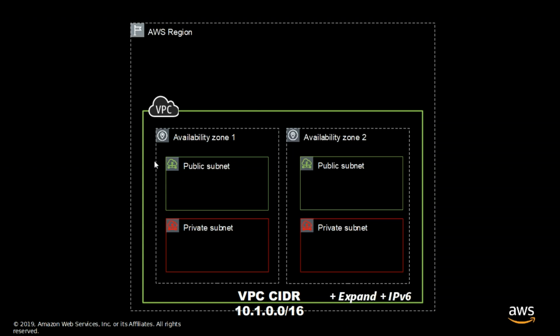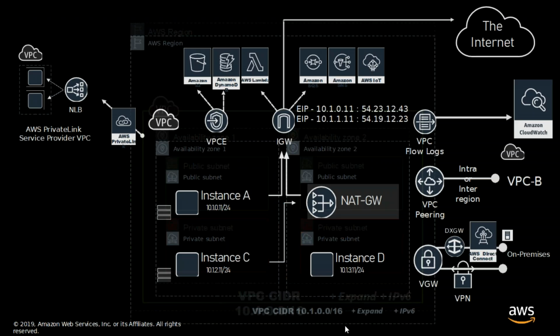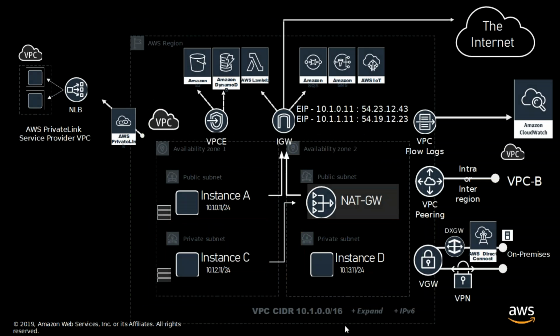As you can see, inside the VPC there are availability zones, each having a public subnet and a private subnet. This is an example of a VPC containing AWS services.